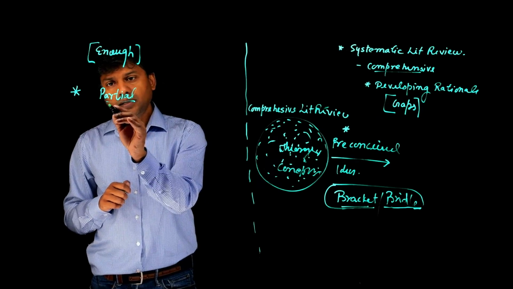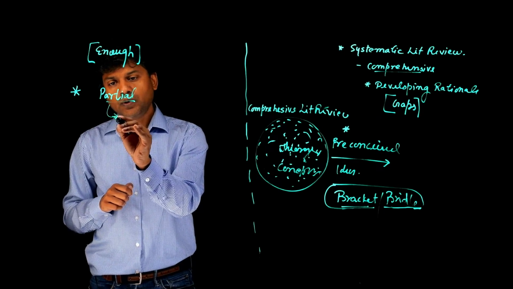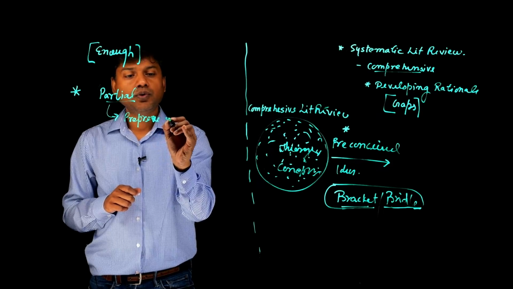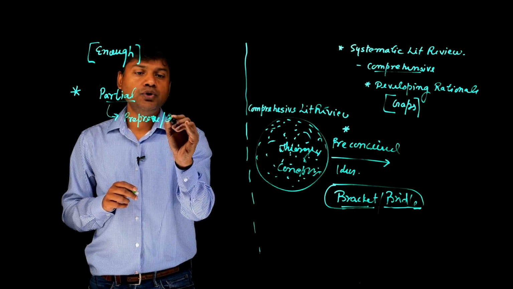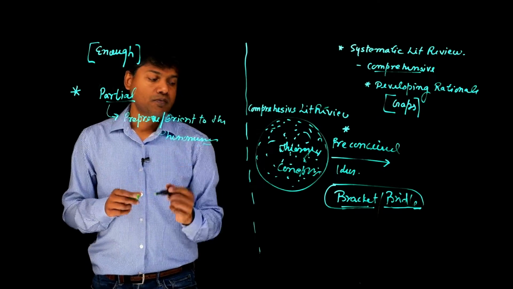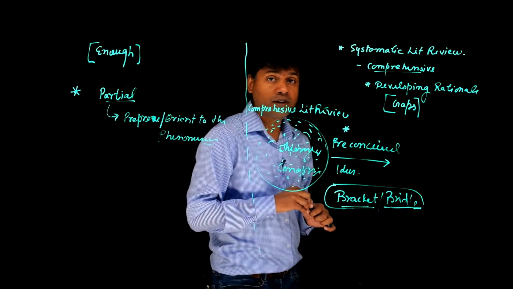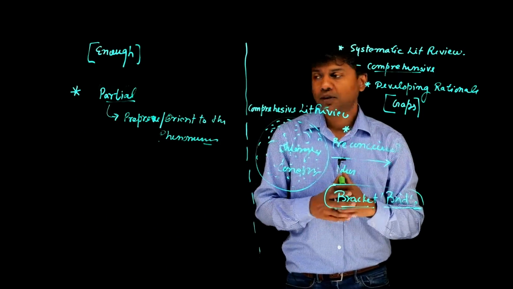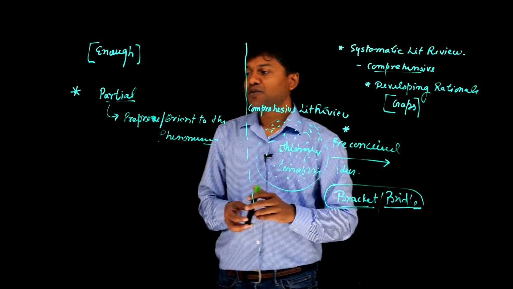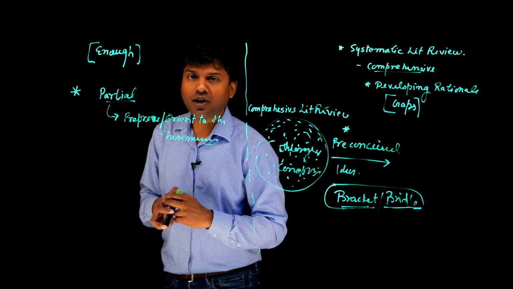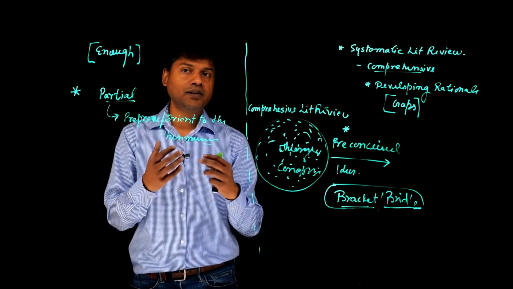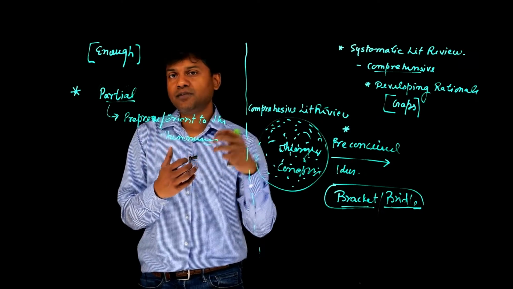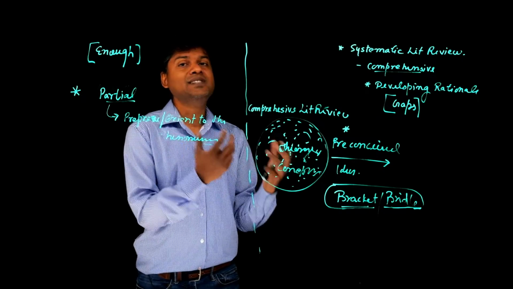And this partial lit review will prepare you or orient you to the phenomenon. Meaning that if you know more about a topic, you may feel like you know everything, and you may also feel like, oh, there is nothing new in this phenomenon. You might become a little bit saturated in terms of how you perceive how the phenomenon presents itself to you.